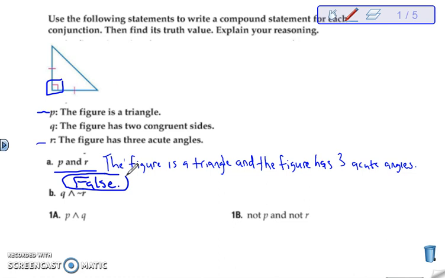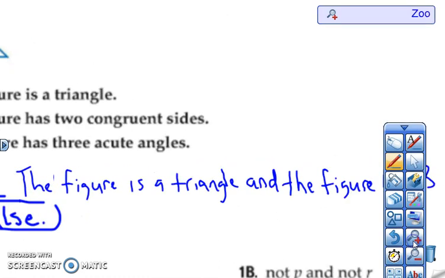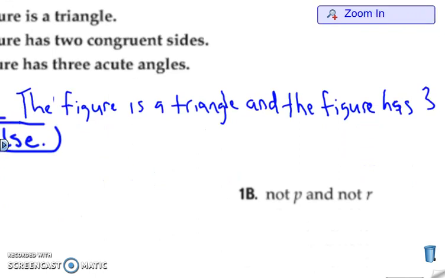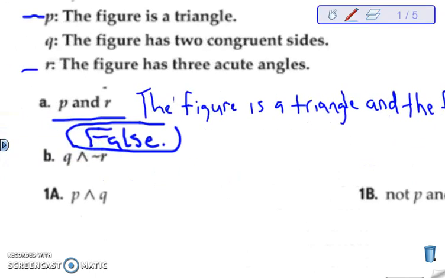Let's try one with an and and a not. So let's see, we've got the negation here, which means we need to add a not. We want statement Q and not R. So statement Q. The figure has two congruent sides.